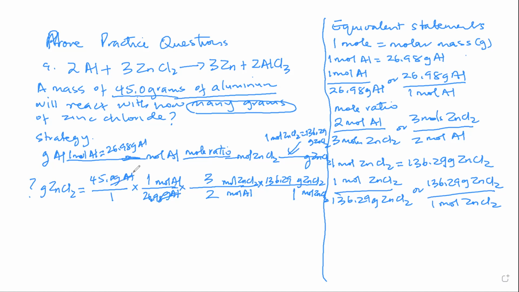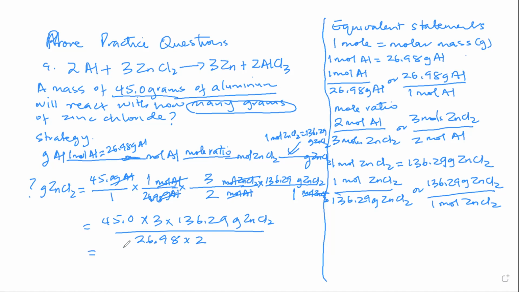So grams of aluminum cross out grams of aluminum, moles of aluminum cross out moles of aluminum, moles of zinc chloride cross out moles of zinc chloride. So this will be 45.0 times 3 times 136.29 grams of zinc chloride, all divided by 26.98, which is the molar mass of aluminum, times 2.